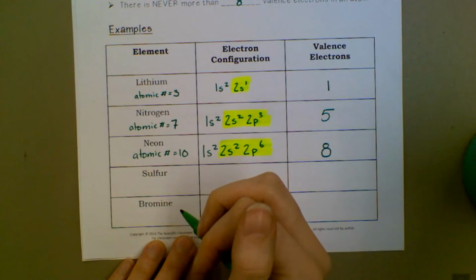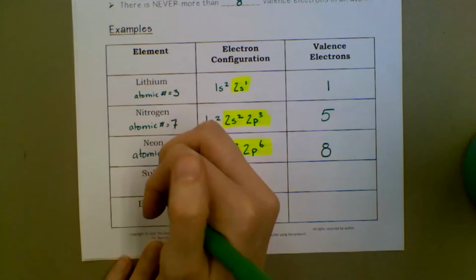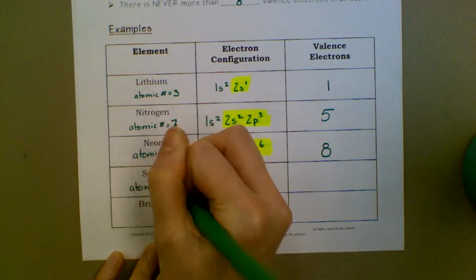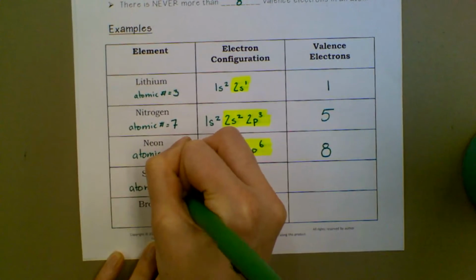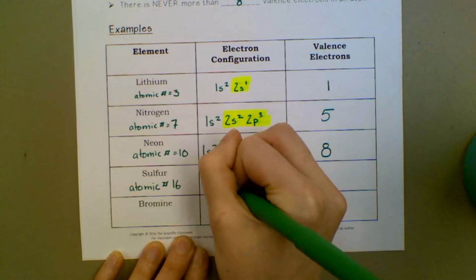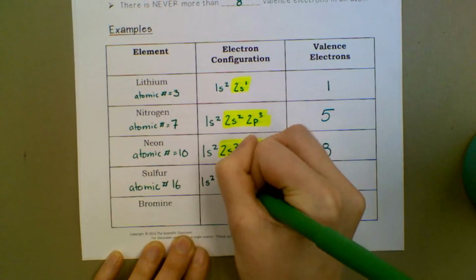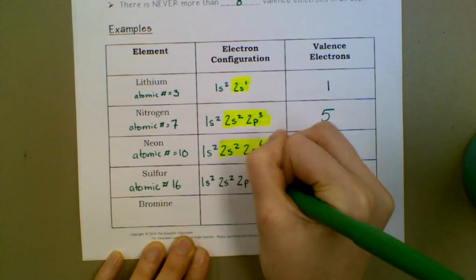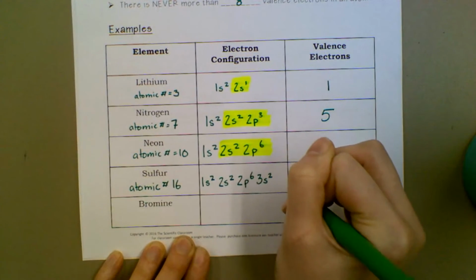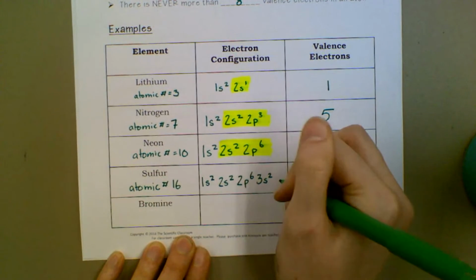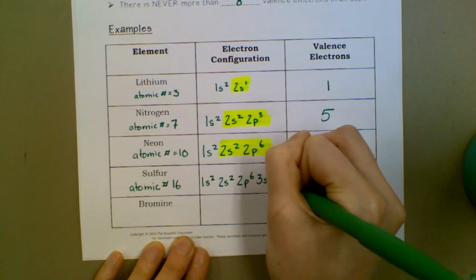Okay. Sulfur. Sulfur has an atomic number of 16. 1s2, 2s2, 2p6, 3s2, and then 3p4.